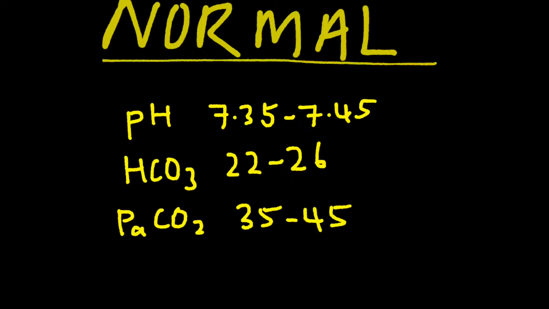So any value that is more than 7.45 for pH or 26 for HCO3 is considered alkaline, and anything that is lower than 7.35 for pH and lower than 22 for HCO3 is considered acidic.